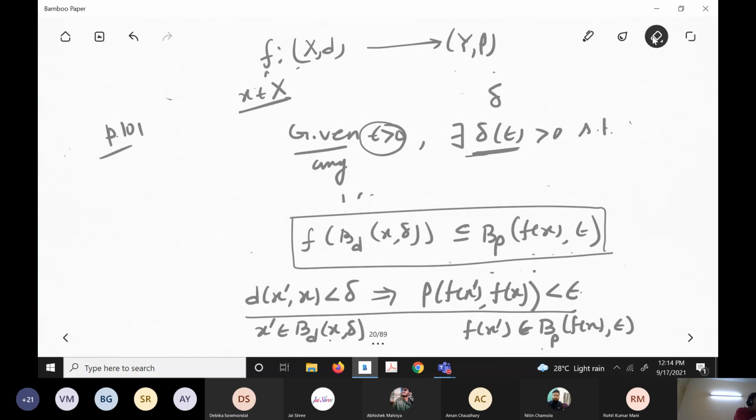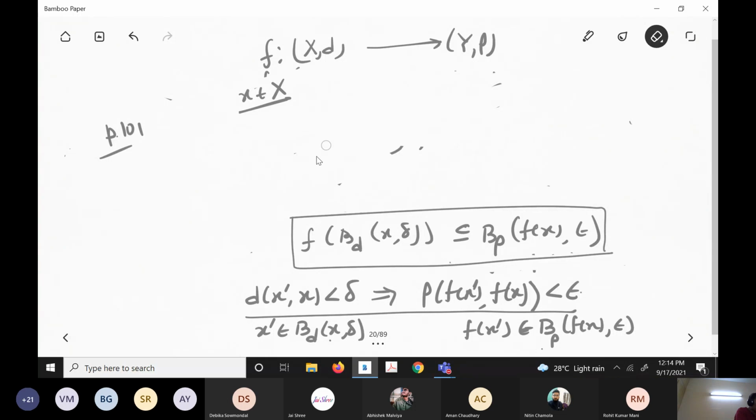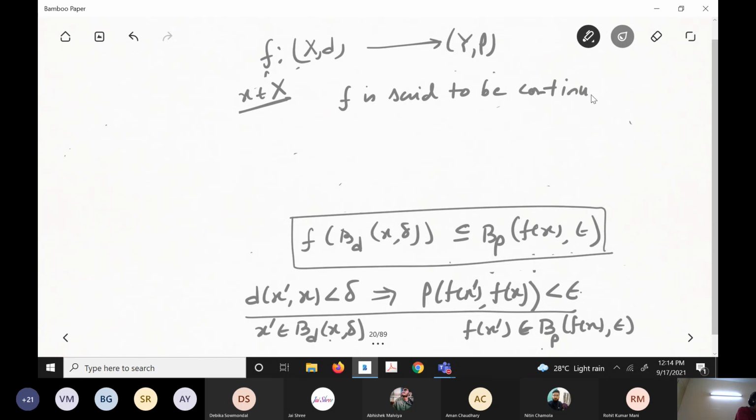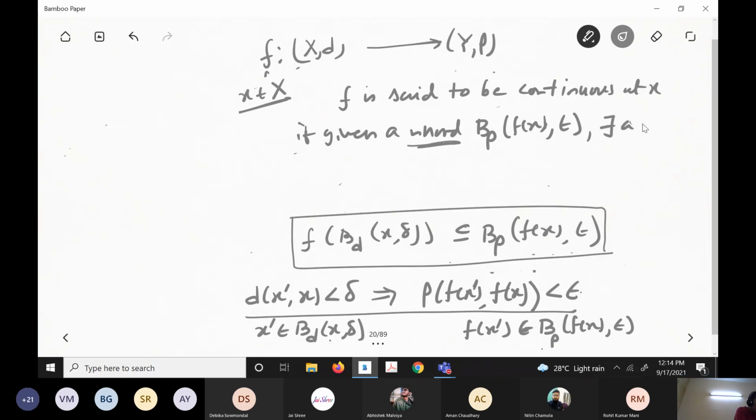Let me write this definition. f is said to be continuous at x if, given any neighborhood B_rho(f(x), epsilon), because a neighborhood gives you the idea of closeness, there exists a neighborhood B_d(x, delta) of x in X. The radius need not be the same, but it depends on this, because given x, f(x) is fixed.